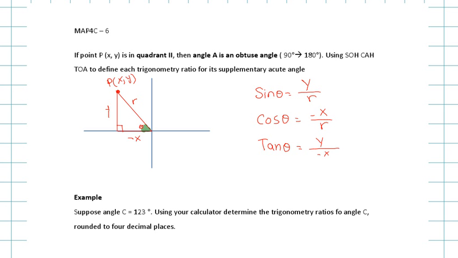It's due to that x being negative in the second quadrant. It turns out that my cosine and my tan are negative. But because y is positive, sine is staying as positive.